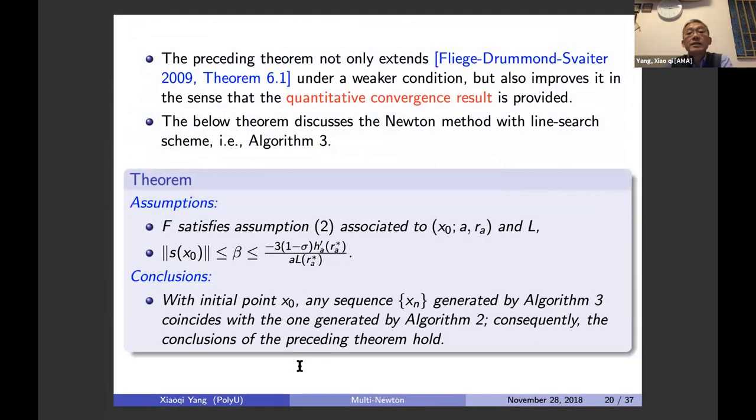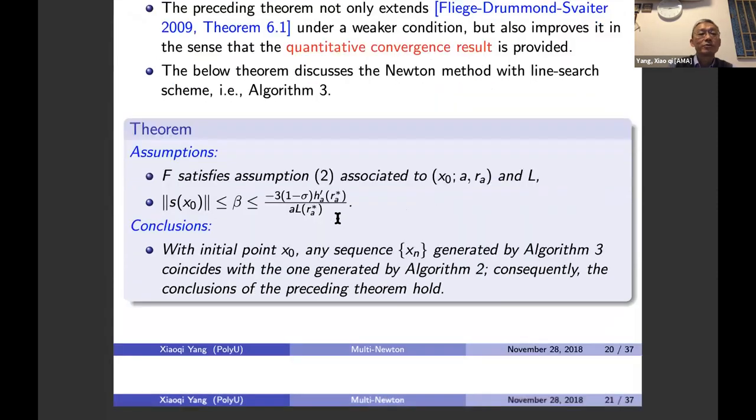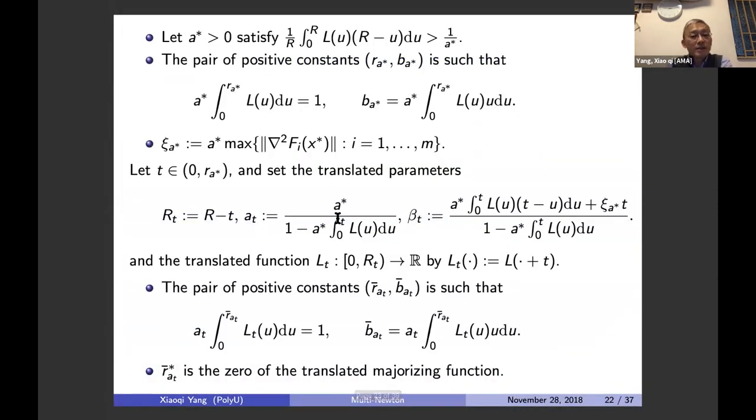Now I go to the other one, the local convergence. Again, the L function is non-decreasing. Then we have A star, as you remember we defined earlier, and also RA star and BA star, so we can define all these parameters.